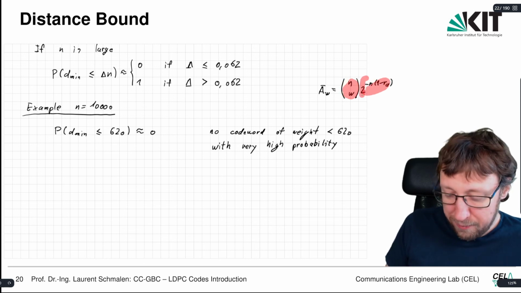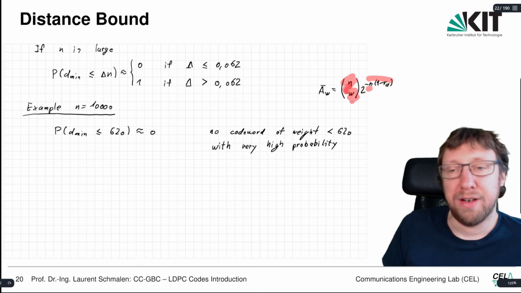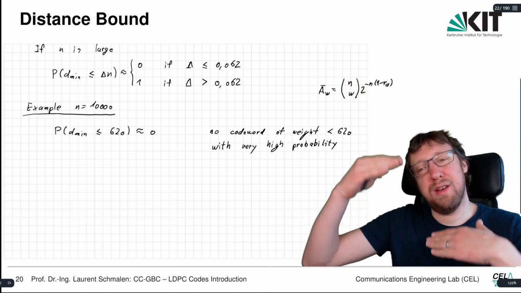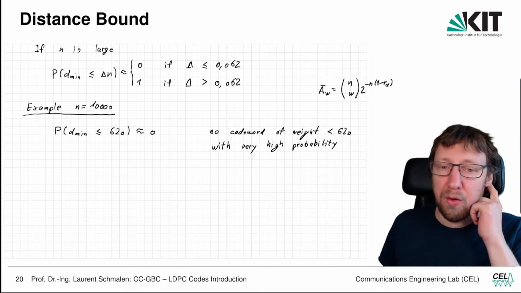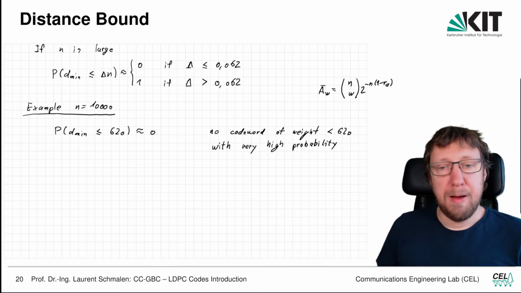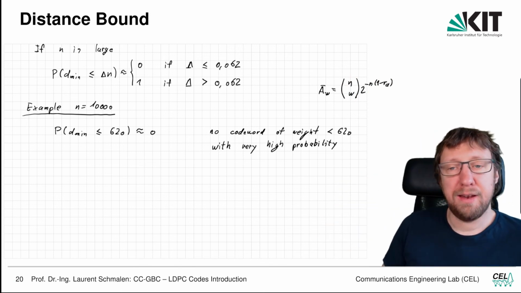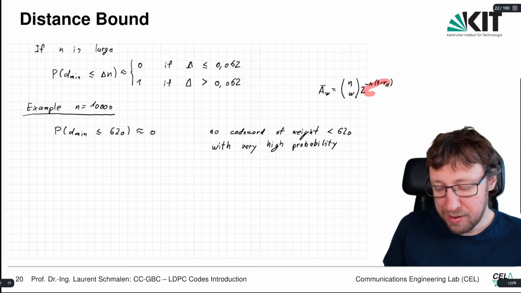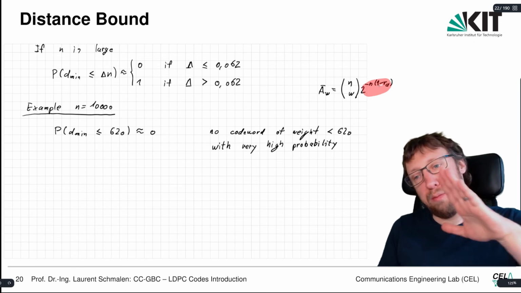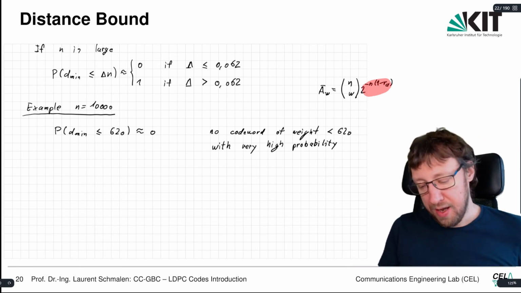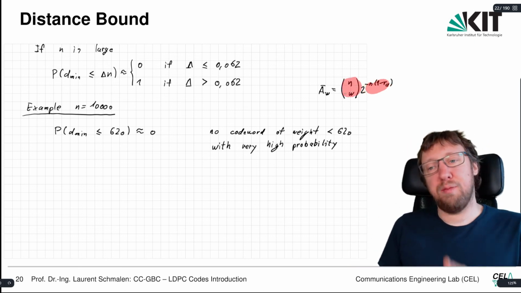So this is something very small, this is something very large. So the question is which one is dominating? Now, if you're looking at a weight of less than 620, this one will be dominating. This one will push this expression down, and this will have no chance of pushing the expression up.